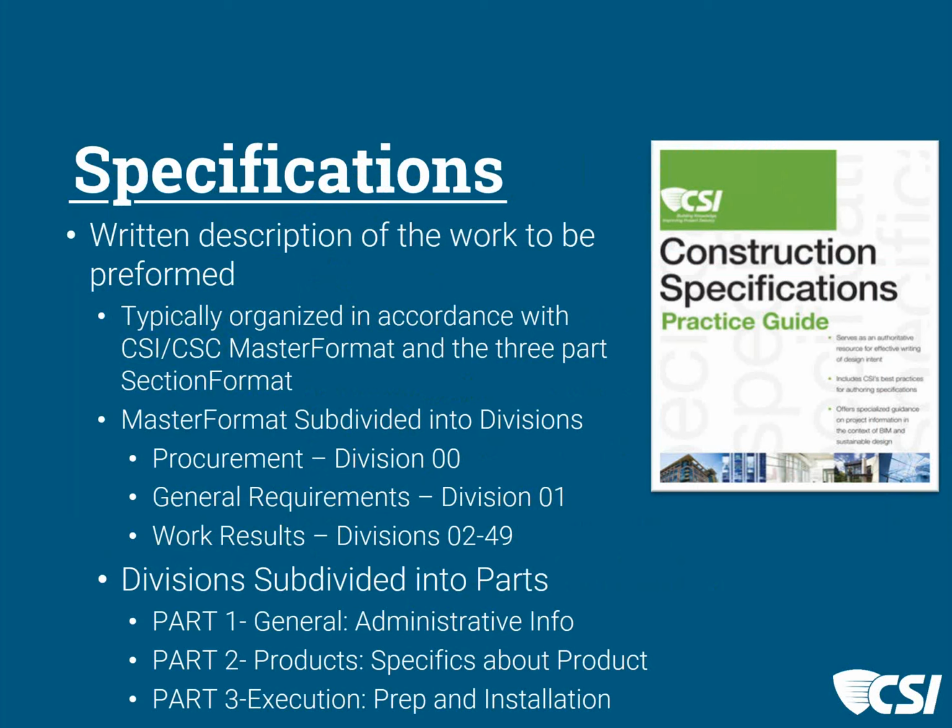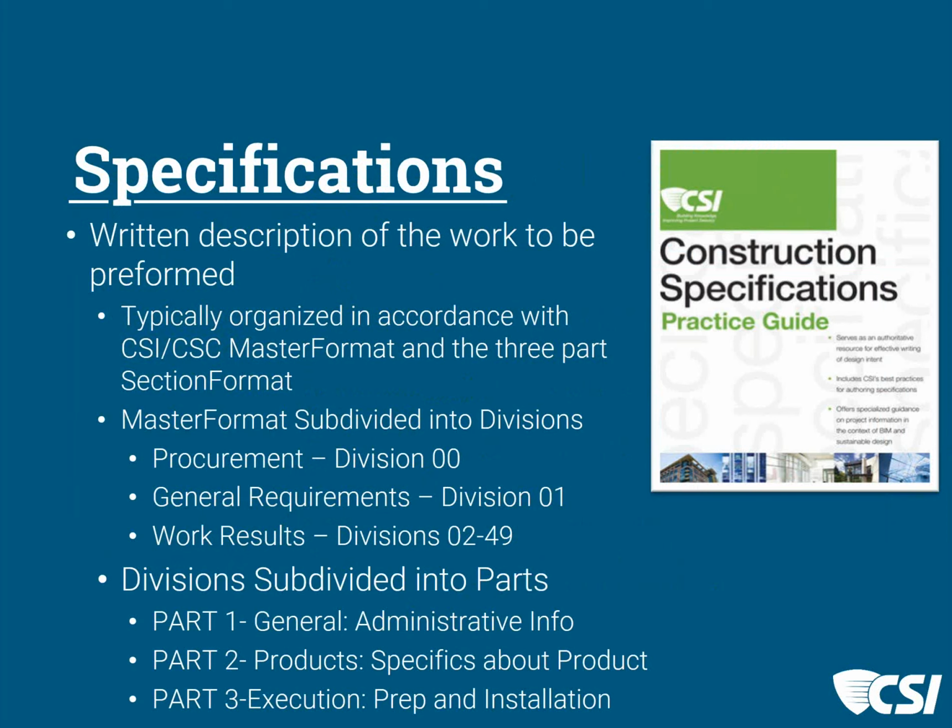And then in that third part, it's just such a great tool to help us understand what's being built, how it's being built, how it should be being built, so that when you're on your site doing your observation and somebody says, well, this is the way I've always done it, you have this contract document, the specifications, to look back on and say, I appreciate that, but here's the way we need to do it on this job, because this is what the product manufacturer says we need to do with whatever system it is that you're looking at.